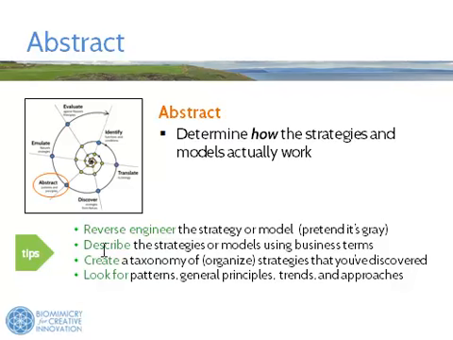To do that, we reverse engineer the strategy or the model, or sometimes I like to say pretend it's gray, pretend that it already is in the business world in your case, and then reverse engineer how it actually works. So what you're going to do in this phase is describe the strategies or models using business terms.